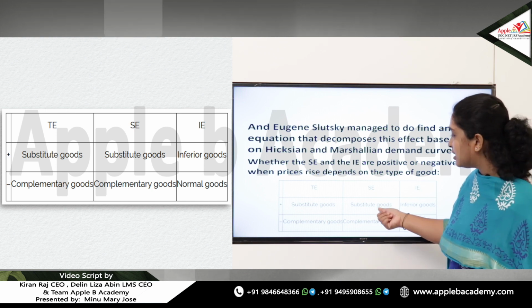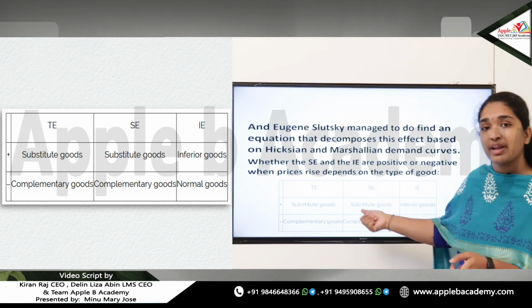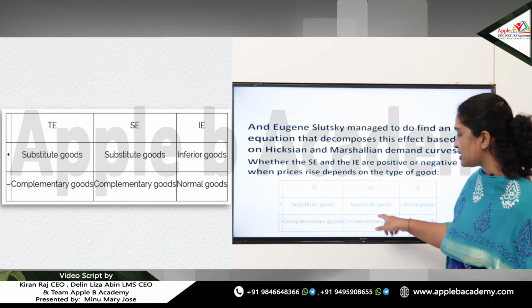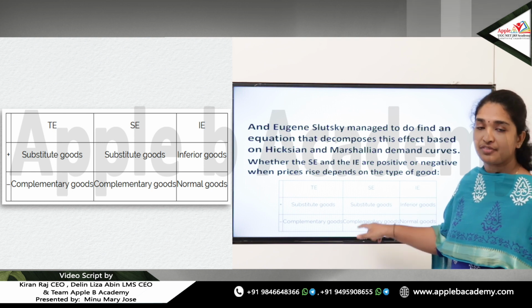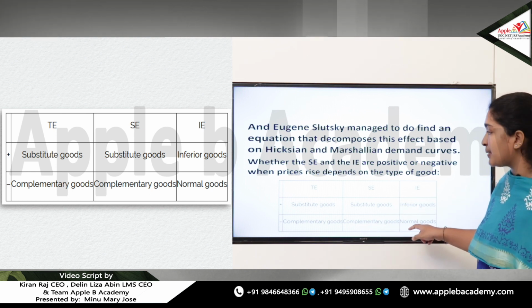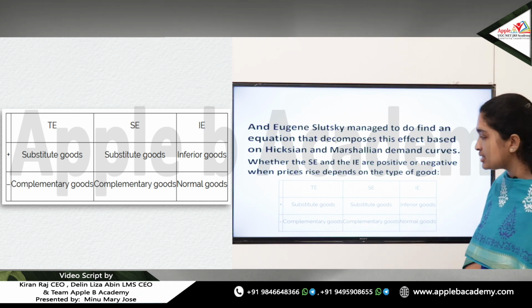So, the concept is that the substitution effect will be positive for substitute goods, and the income effect for inferior goods would be positive. For inferior goods, the income effect would be positive, that is, the price rise would lead to a positive change in the consumption of inferior goods.